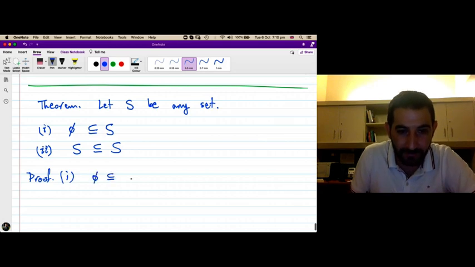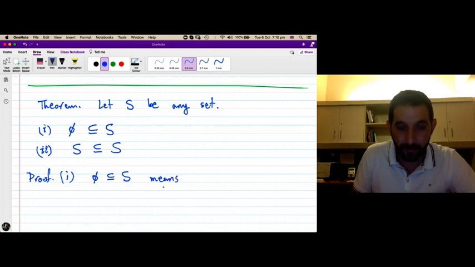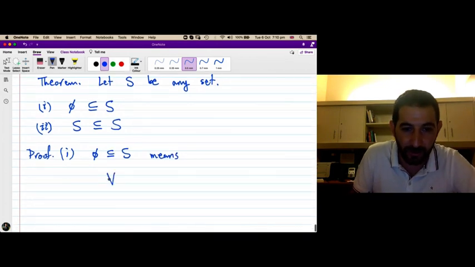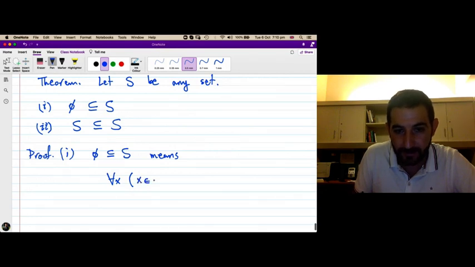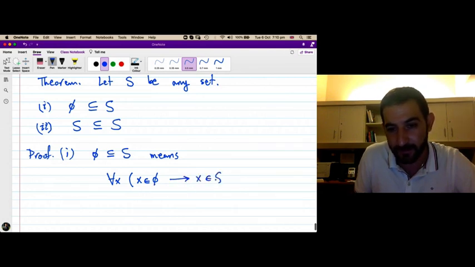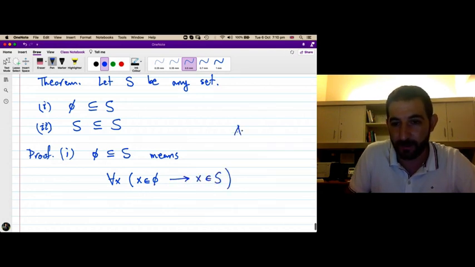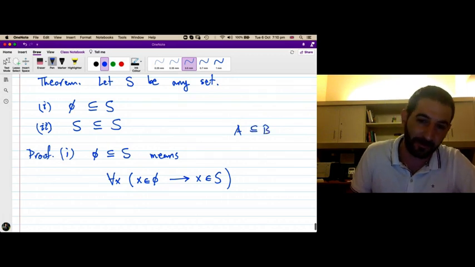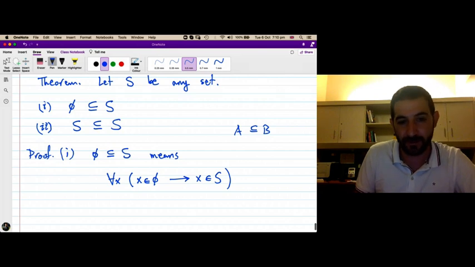The empty set being a subset of S means that the following statement is true: for every object X, if X belongs to the first set, then it belongs to the second set, right? Remember, we defined A to be a subset of B if every element of A is an element of B. So to say that the empty set is a subset of S means every element of the empty set is also an element of the set S.